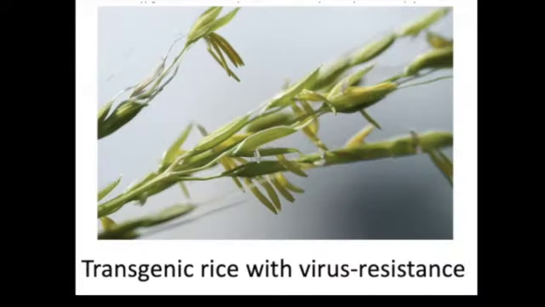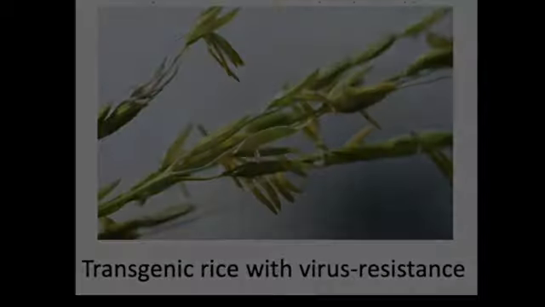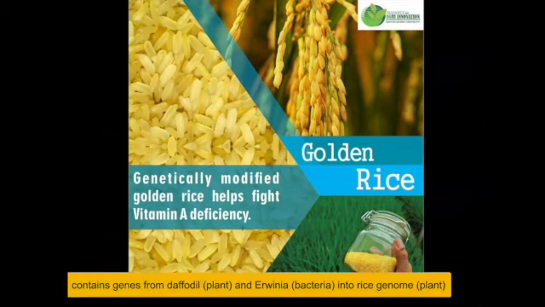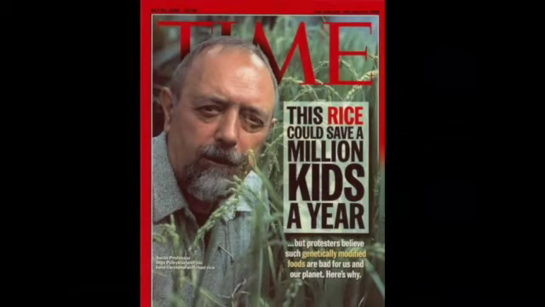It's also been done with rice that is resistant to viruses because it has bacterial genes inserted into its rice genome. It can also be done to make a more nutritious rice, such as golden rice, that has genes from daffodil and bacteria inserted into the rice genome to allow for vitamin A production and have a nutritious version of that rice called golden rice.